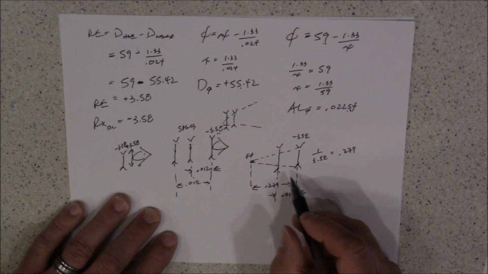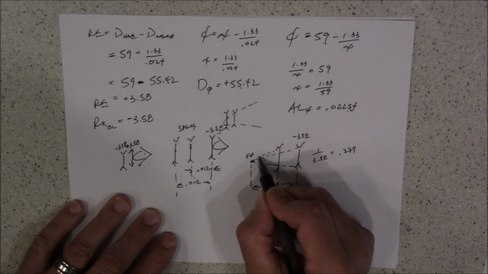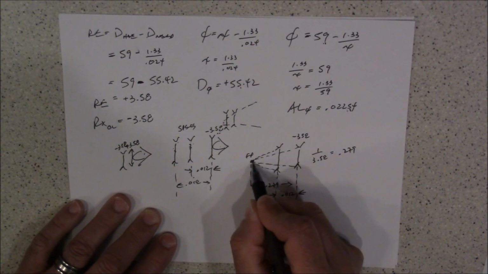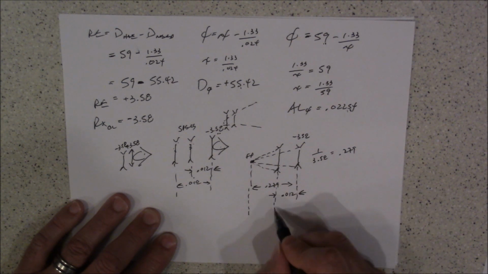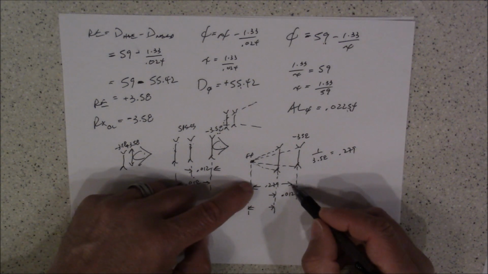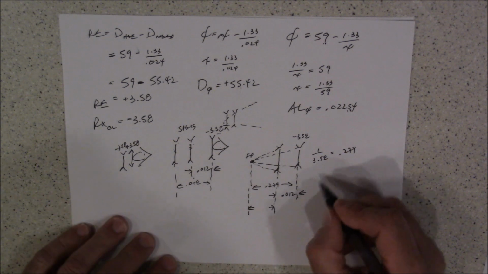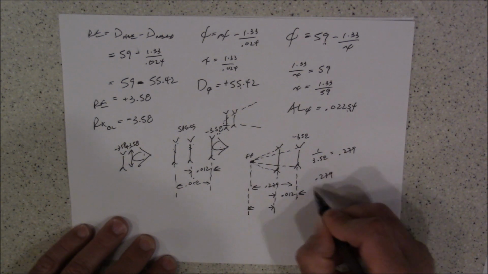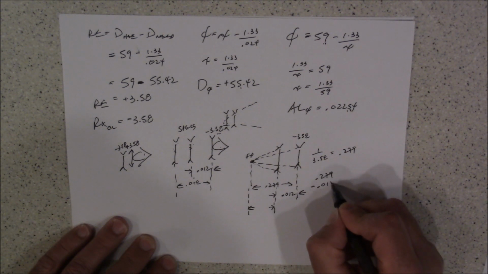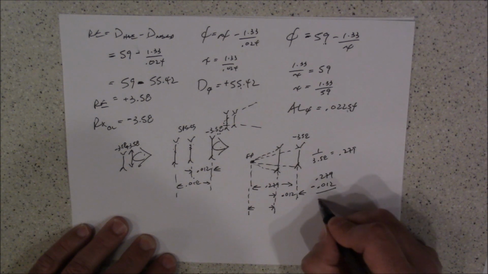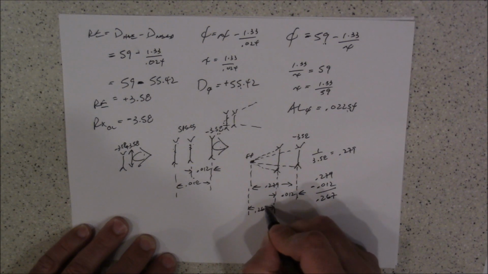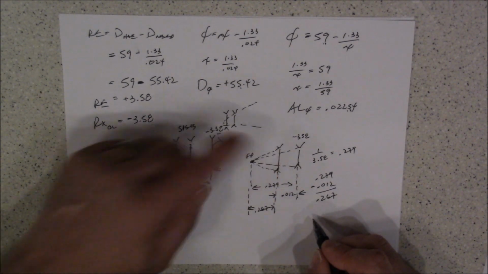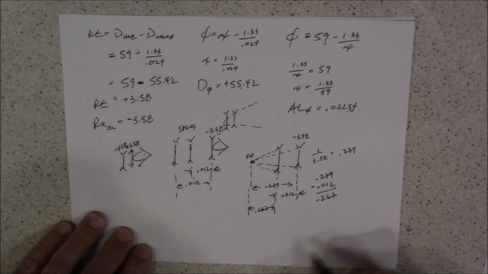Now, if these glasses are going to work, they need to also form a focal point that is coincident to the contacts. Therefore, the focal length of the spectacle lens has to be from here to here, which means I need to take this guy and subtract this guy. So I'm taking the 279 and subtracting the 12 millimeter vertex distance. That's going to give me 267. That is now the focal length of the spectacle lens at a vertex distance of 12 millimeters.